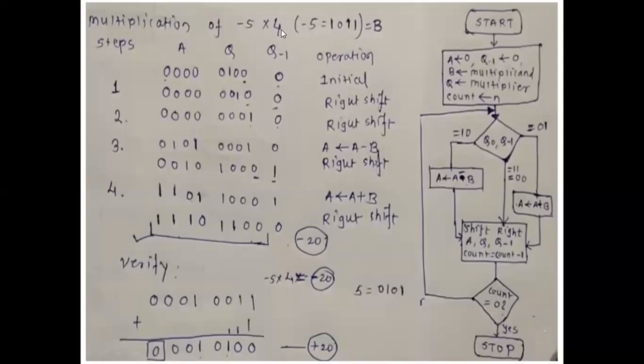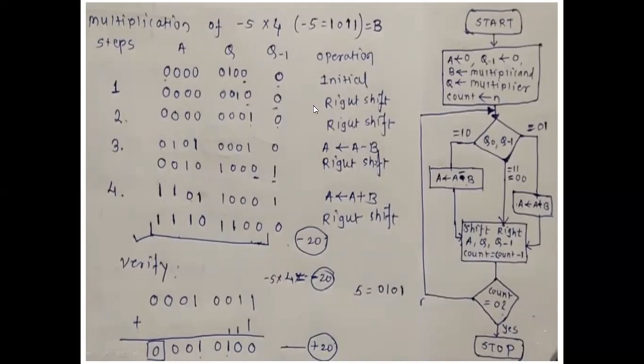The multiplier, the value 4, is converted into binary and stored in the Q register. Initially we have 0 1 0 0 stored in the Q register. As I said, A should be 0, so we take 4 bits, 4 zeros. And Q minus 1 initially contains 0. This is the initial step.